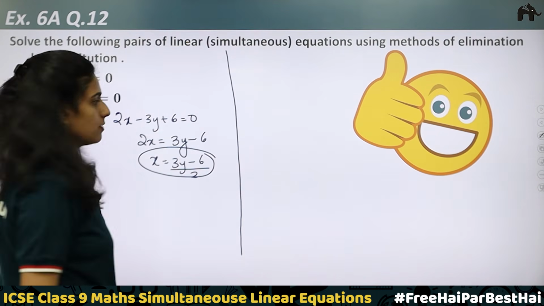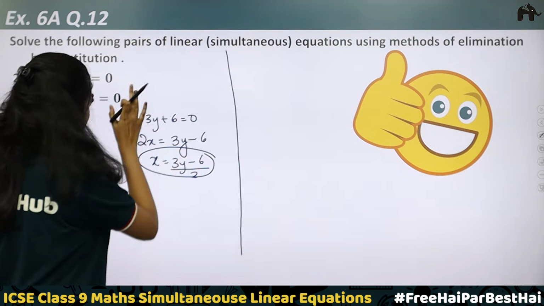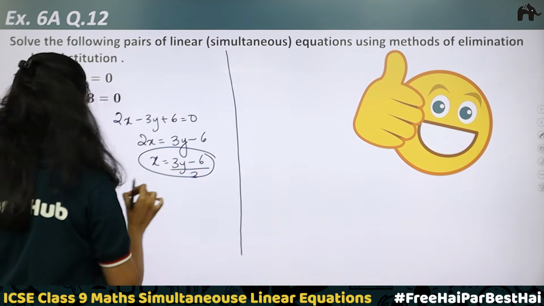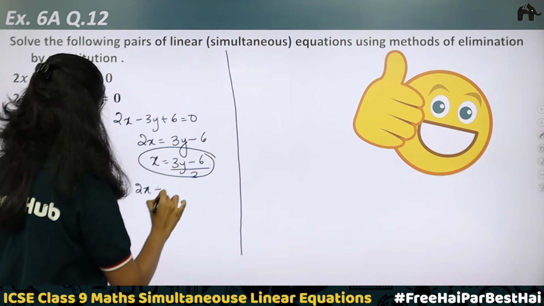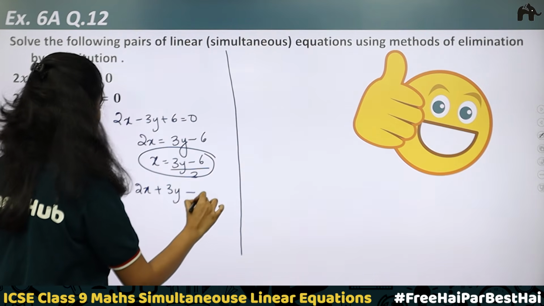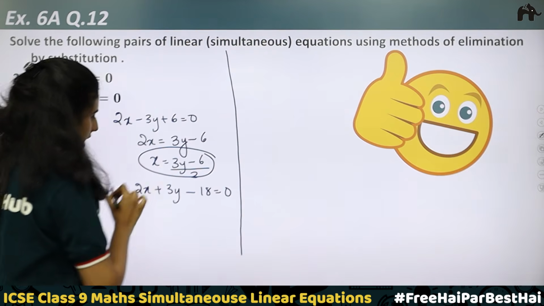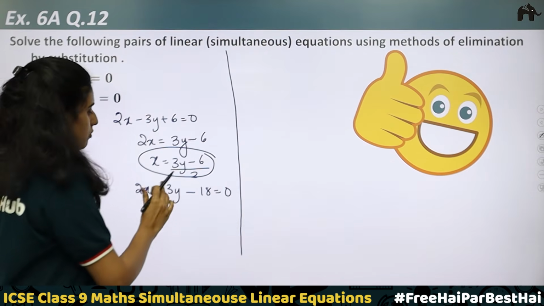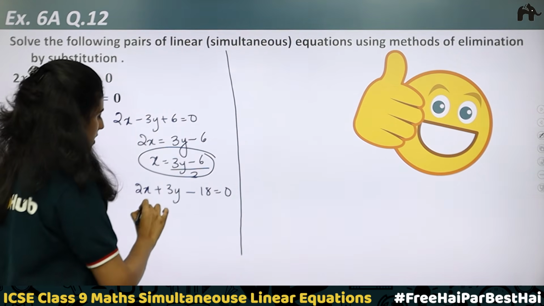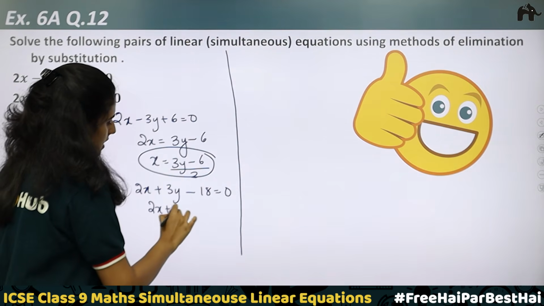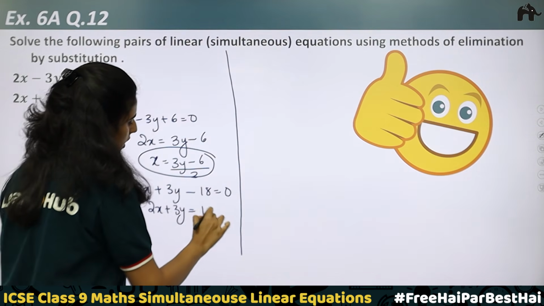This is x. Now substitute this x in the second equation, 2x plus 3y minus 18 is equal to 0. So here we have x. Before that we can make a rearrangement. 2x plus 3y will be equal to 18.